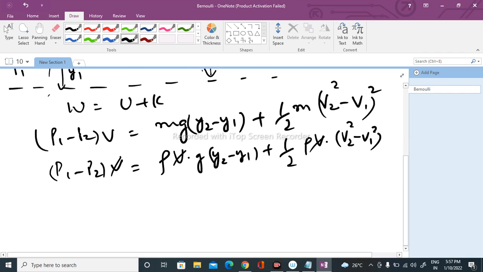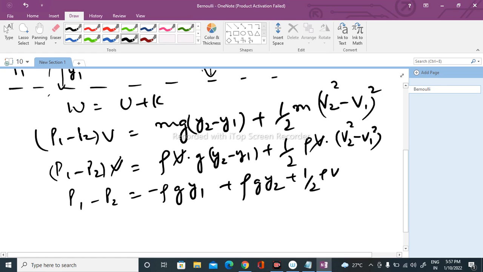So what are we getting? We are getting P1 minus P2 is equal to rho g y2 minus rho g y1 plus half rho v2 square minus half rho v1 square.